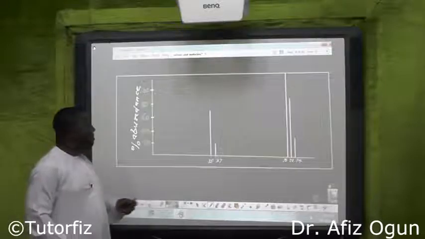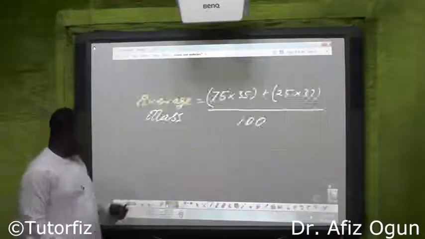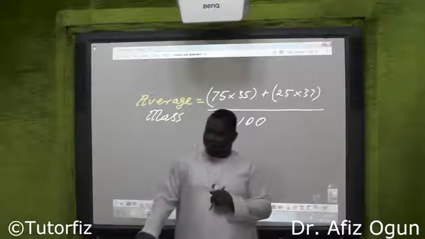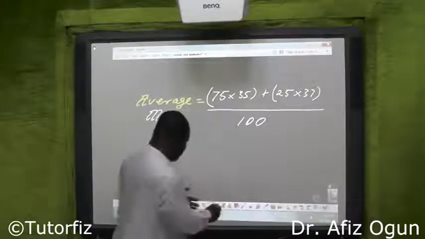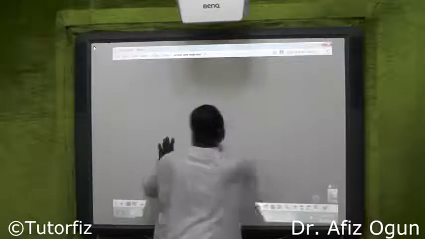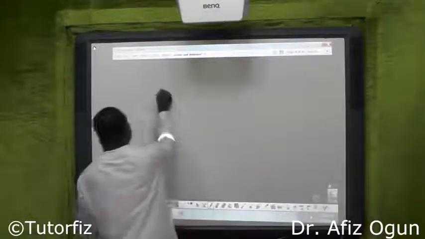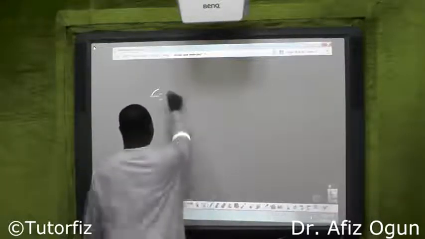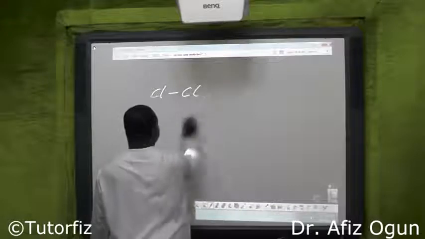The next thing we're going to talk about is that sometimes that particular element is diatomic, like chlorine. Chlorine being diatomic means one chlorine is bonded to another chlorine.